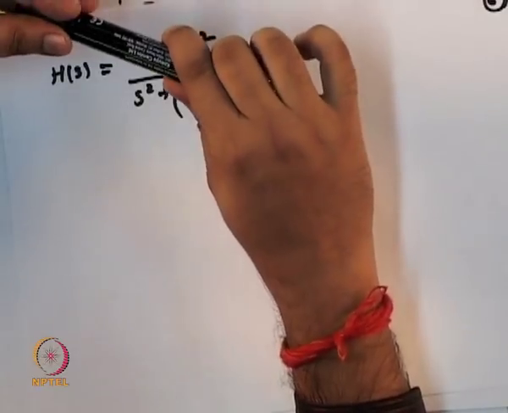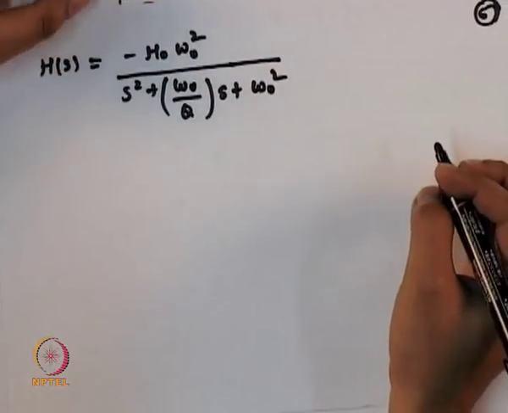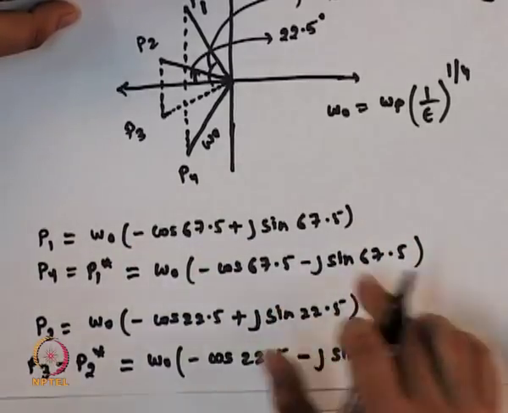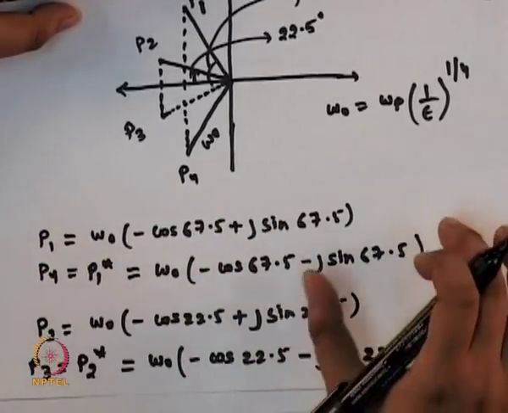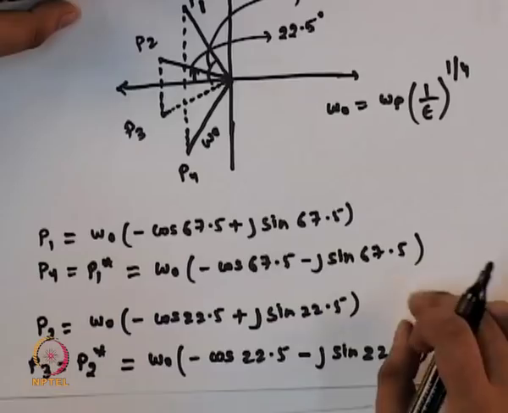Now, as we know, these poles exist in complex conjugate form, like P1 and P4 are complex conjugates of each other, and P2 and P3 are complex conjugates of each other.